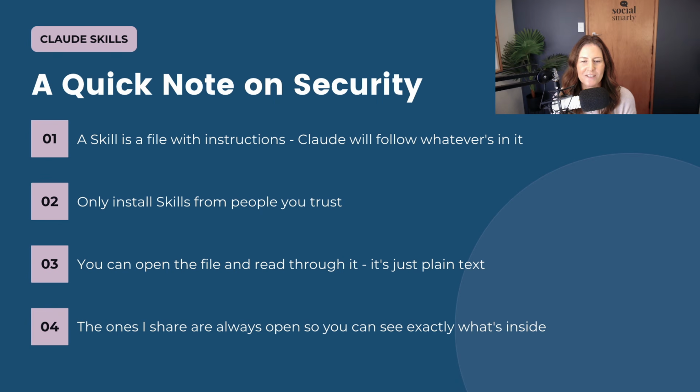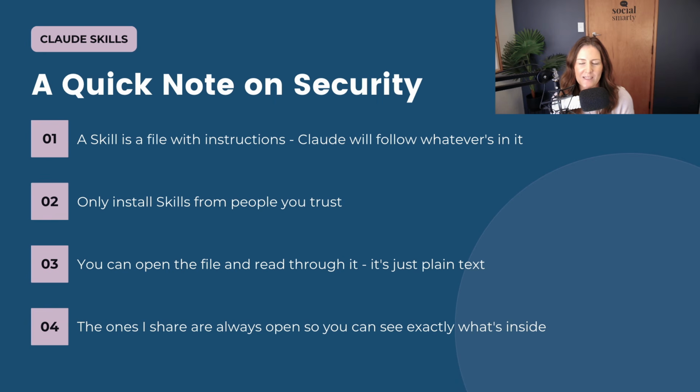So if, for example, you were working in co-work, which obviously can give Claude access to a lot of your computer files or a lot of the tools that you use in your business, those skills actually now have the ability to instruct Claude to do things that you do not want it to do.